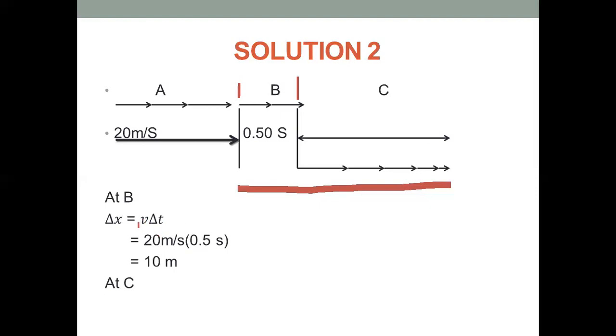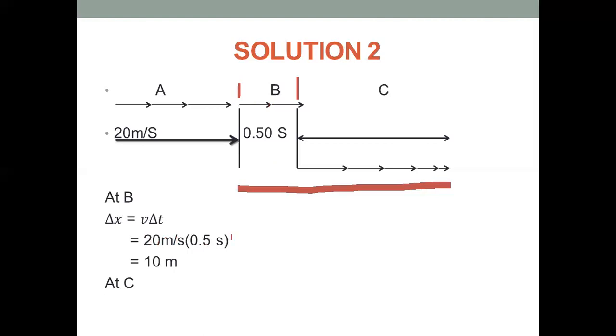Now V is constant, so it is 20 meters per second. Then the time, as you can see, is 0.5. You can see the motion diagram here, so the speed is constant.